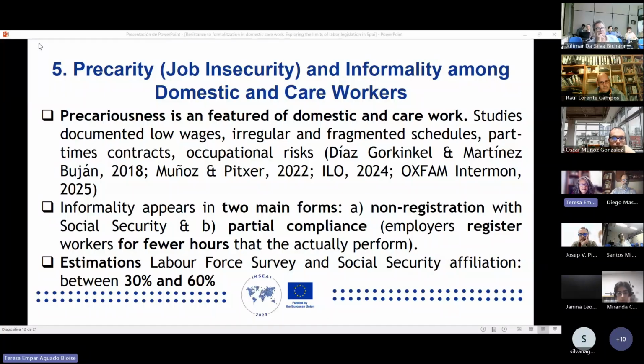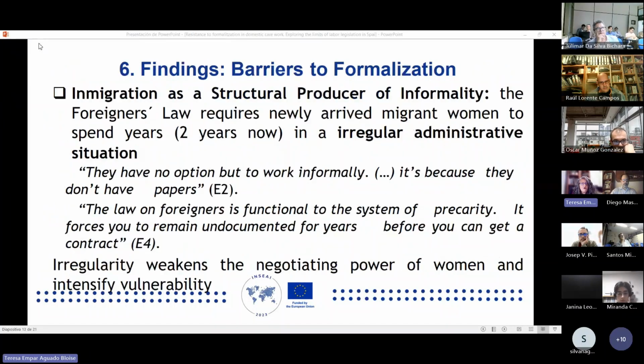We can see now some of our findings. What type of barriers to formality have we detected despite legislative advances? One of these is immigration as a structural producer of informality. The first barrier identified in the interviews concerns immigration law.